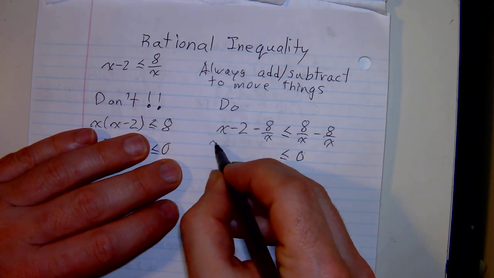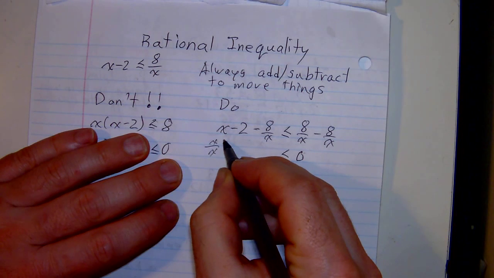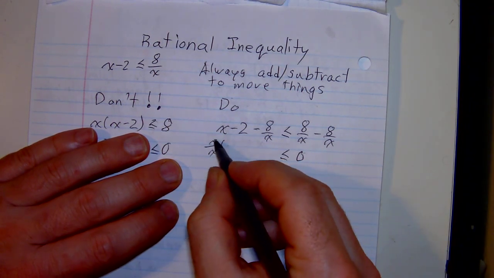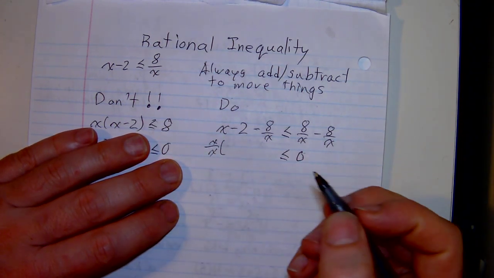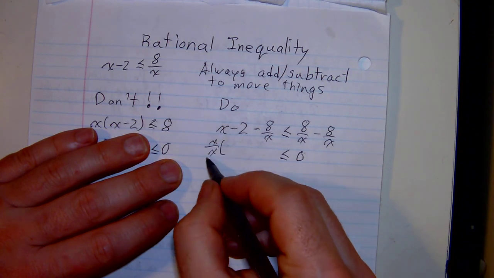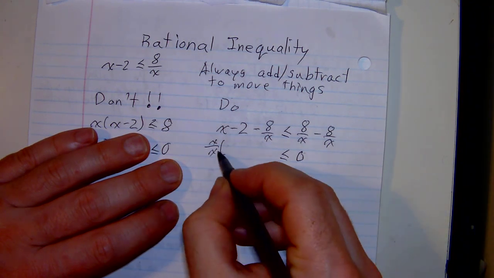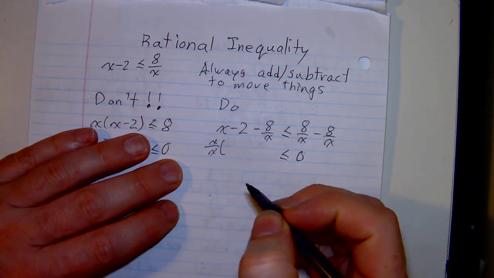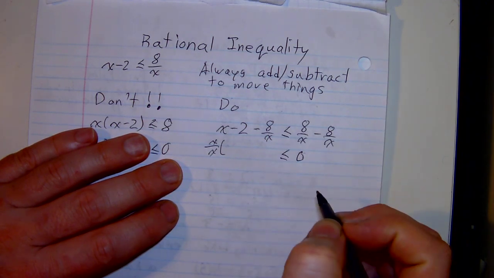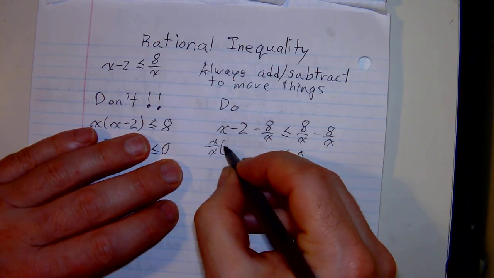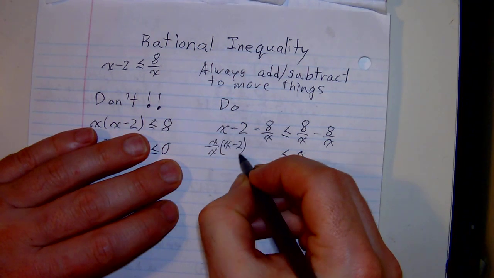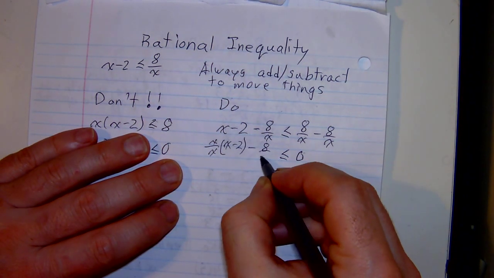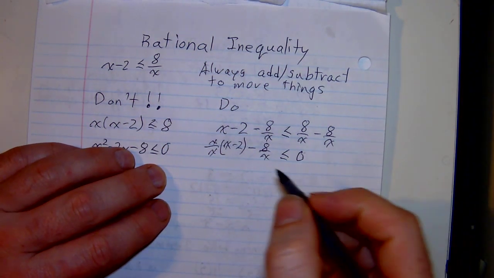So we are going to multiply this by 1. And the 1 that we're going to multiply by is going to be in the form x over x. And x over x is never negative. No matter what real value you pick for x, you're never going to get a negative number when you do x over x. So we don't need to switch the sign here. So x over x times x minus 2. And this part is already over x, so we don't need to multiply it.